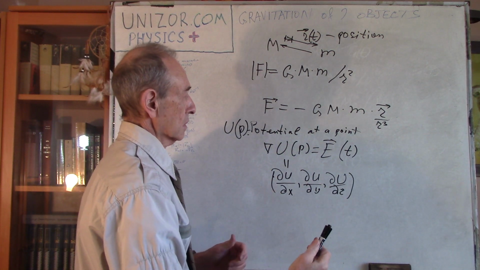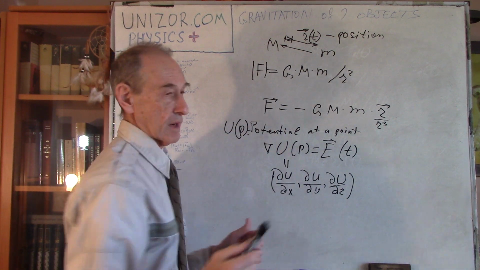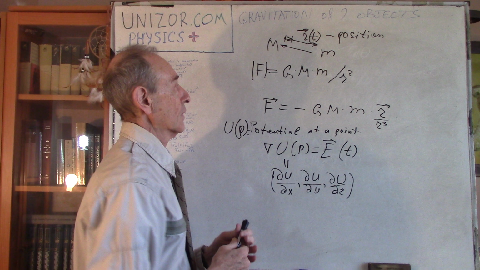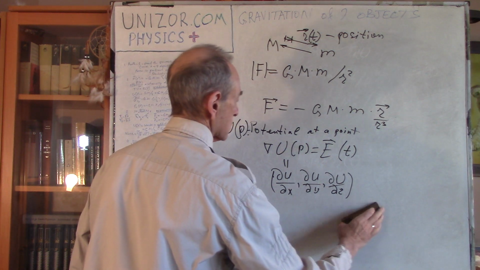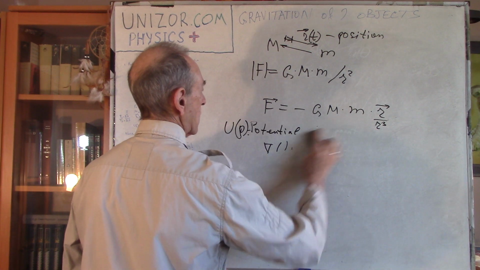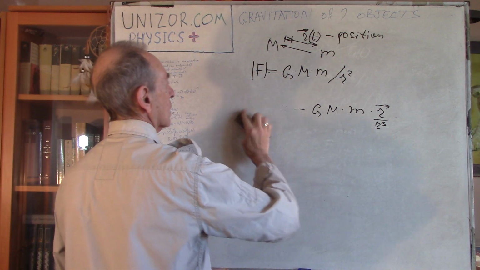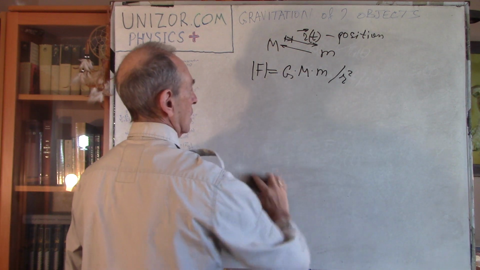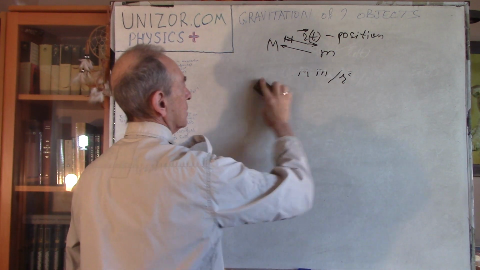Now, moving from a single source of gravitation to two sources, our first problem is, what happens if we have two fixed sources somewhere in space, and we are measuring the force and the potential at any point.